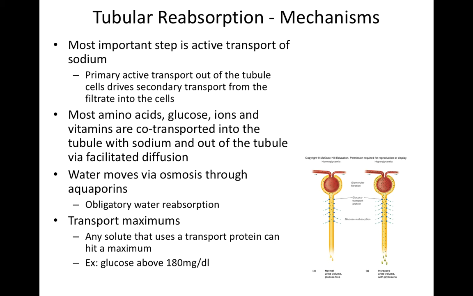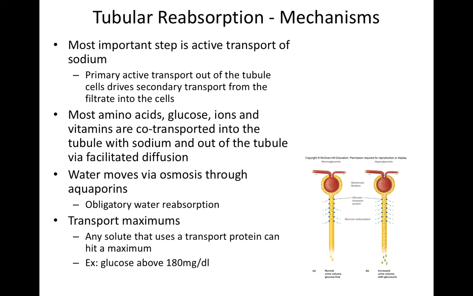Type 2 diabetes is usually diagnosed somewhere around 120. So that means that you could technically have diabetes and not have glucose in your urine until you go above 180. Now, unregulated type 2 diabetics can have starting blood glucose levels of above 400.